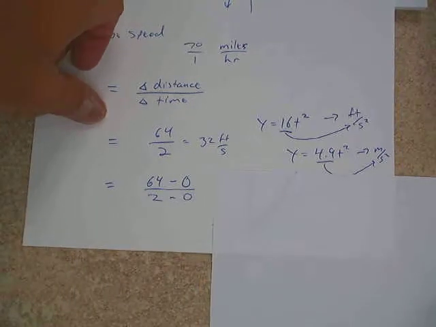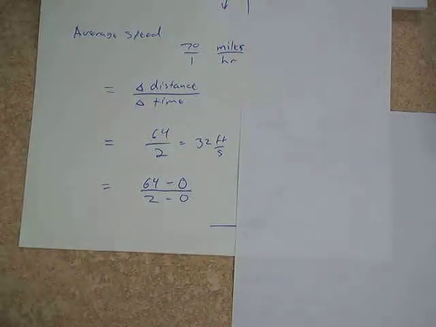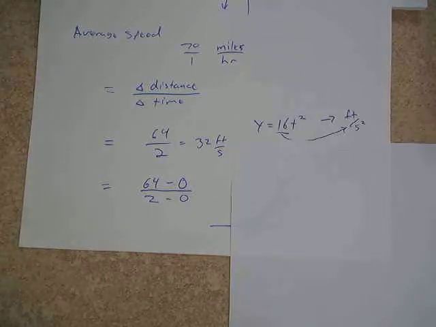Now, here's a question that we're going to pose: if I were to, let's say, take a rock and I want to drop it off a cliff, and I want to know how fast, what is the average speed of the rock after 2 seconds?